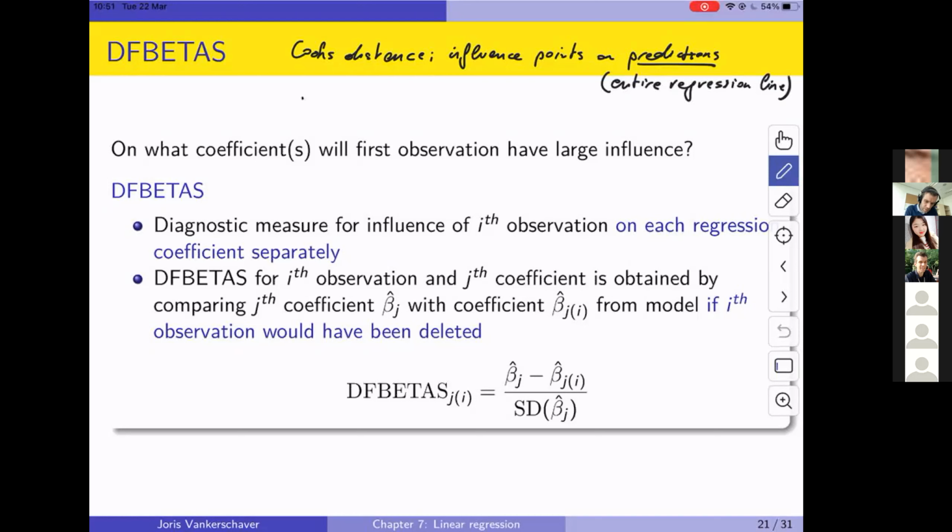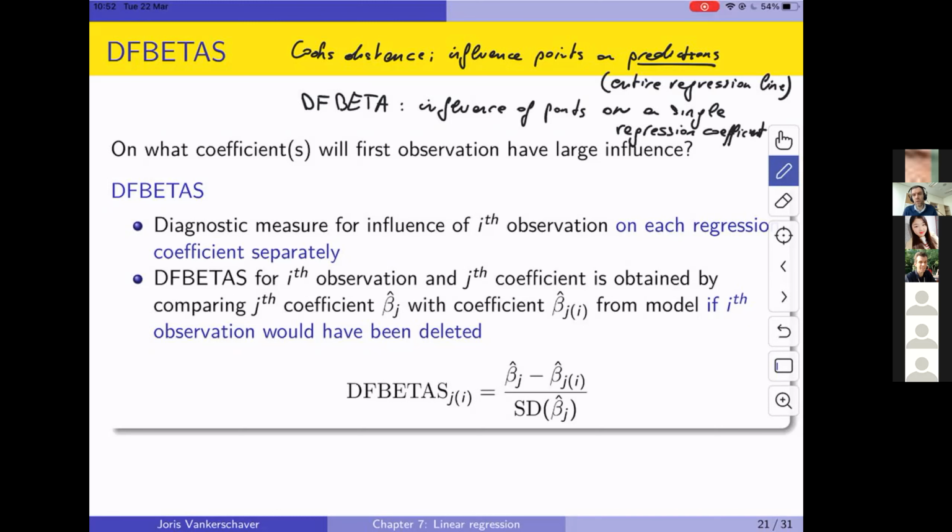And now with DF betas, what we're going to look at is again the influence of a single point on each coefficient of the regression model separately. So this gives us more information.